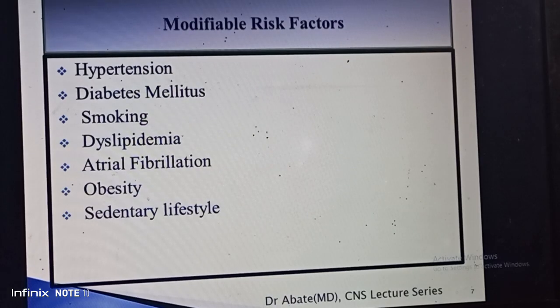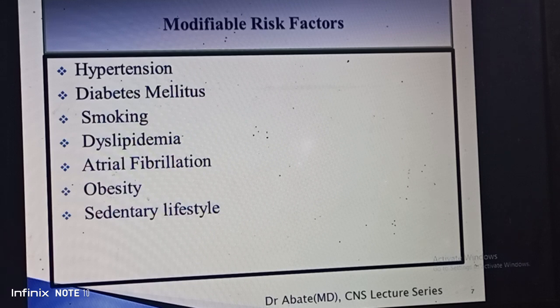The modifiable risk factors are those factors whose risk can be decreased, and sometimes even avoided. For example, hypertension can be modified by strict control of blood pressure and improving the lifestyle of the patient, and the same for diabetes mellitus, with strict control of blood glucose level.